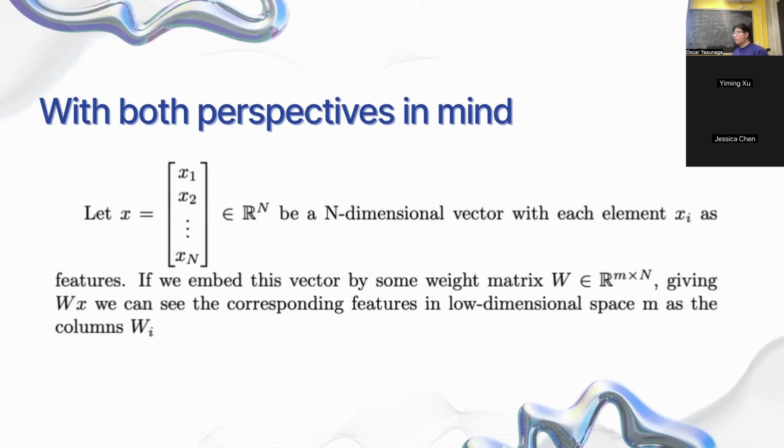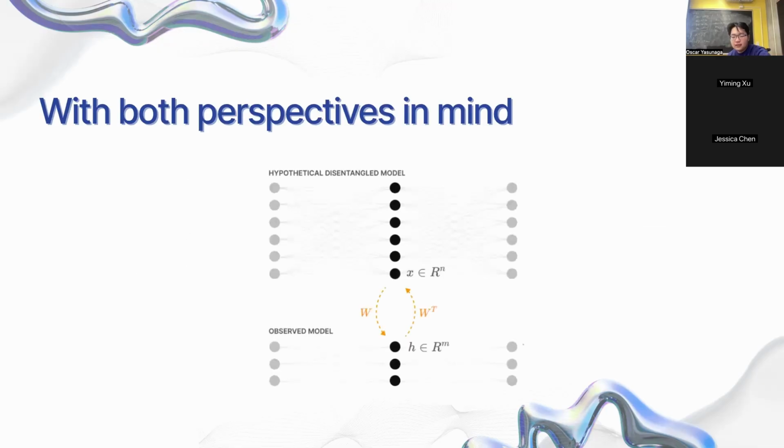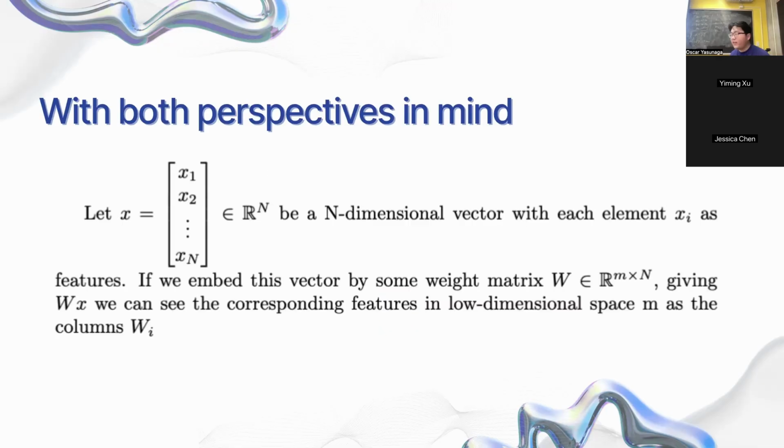Okay, so definitionally, we'll define X to be in R^n. This X will be a feature vector in some very large network, and each element in this vector represents a feature, right?